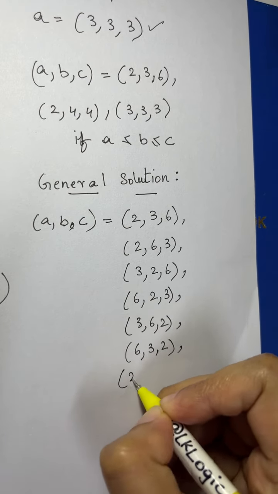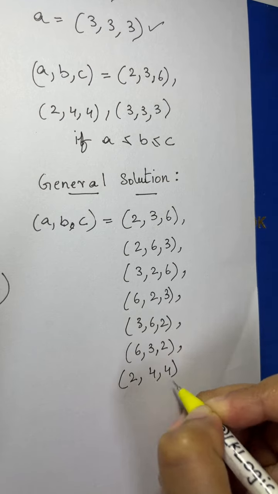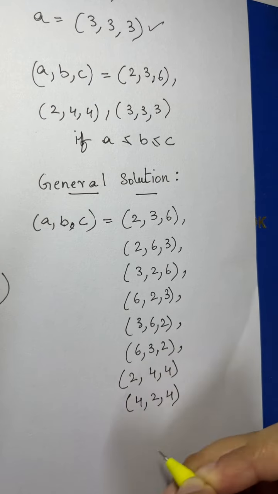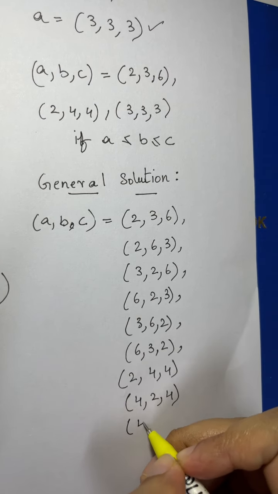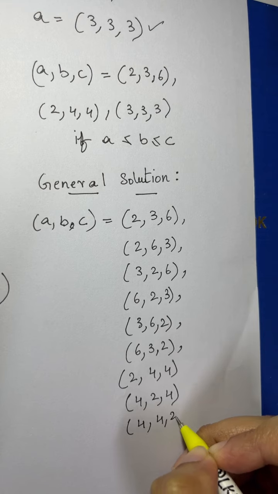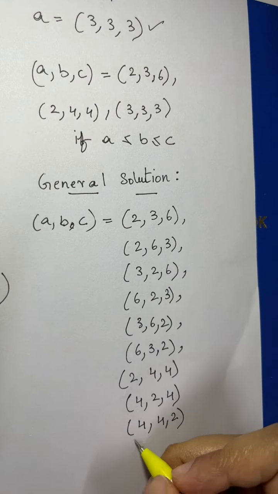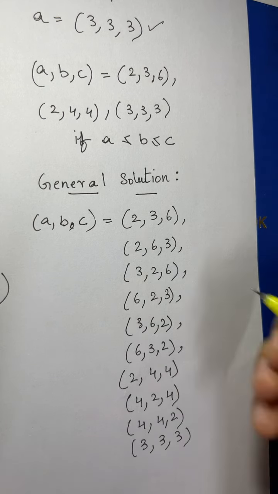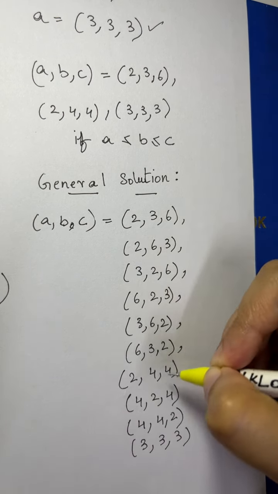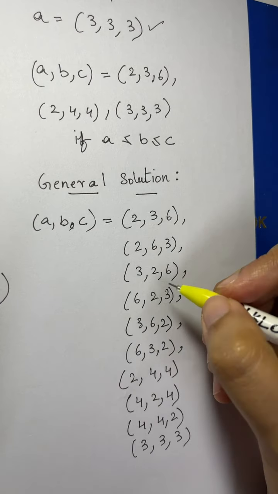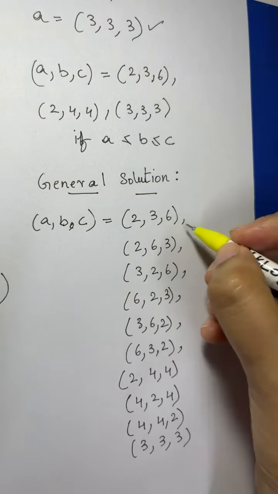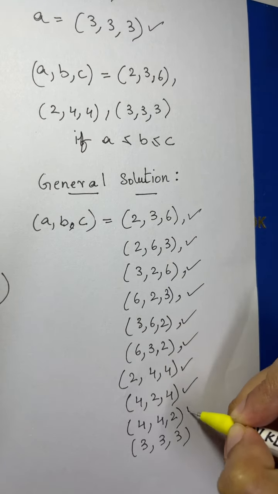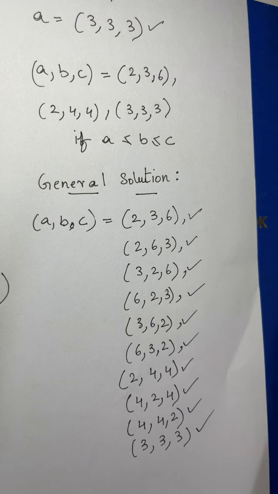Then you can have 2, 4, 4. Then 4, 2, 4. Then 4, 4, 2. And then the last one, 3, 3, 3. So you've got 1, 2, 3, 4, 5, 6, 7, 8, 9, 10 — all possible 10 solutions for A, B, C.